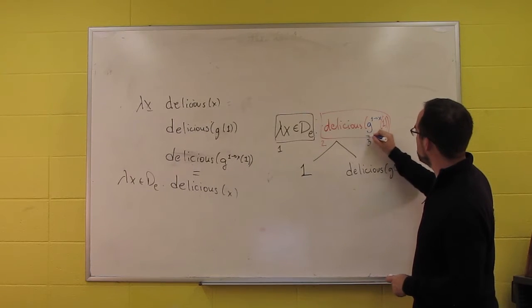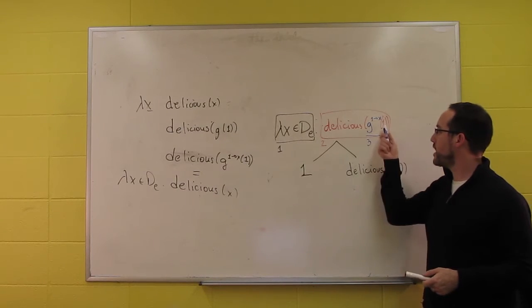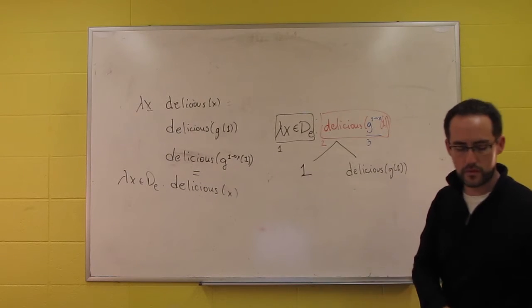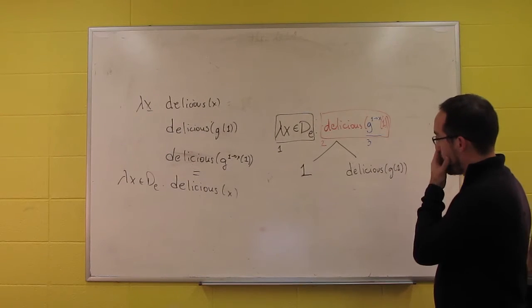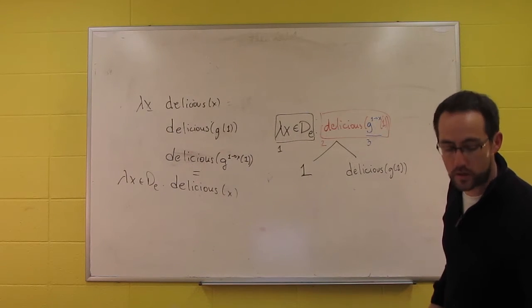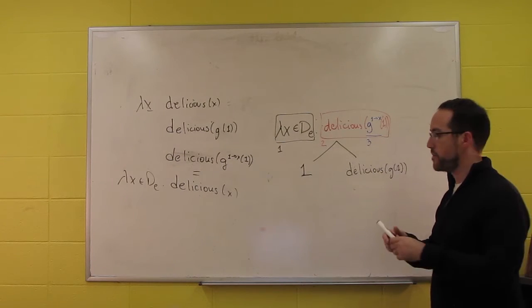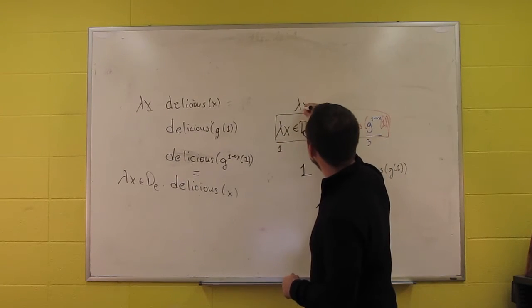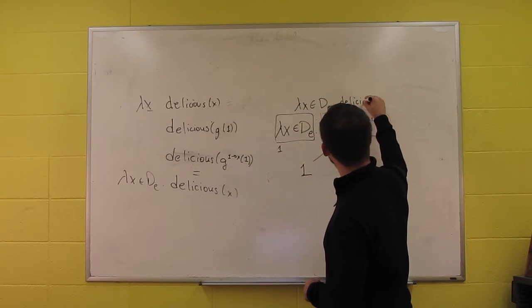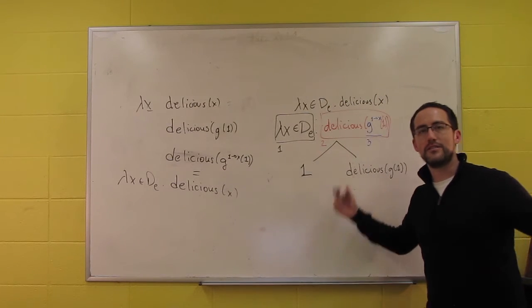And that's going to be step 3. Now, we have a function and an argument. We can run it through. Right? And since we've specified what 1 maps to, well, we know what that's going to work out as. 1 maps to x. So we plug 1 into this, we get x. And so we can do this as a kind of 4th step, you could say. Delicious of x.